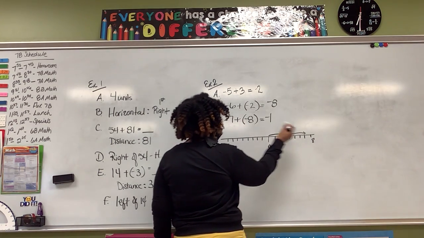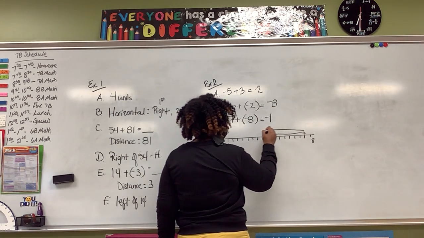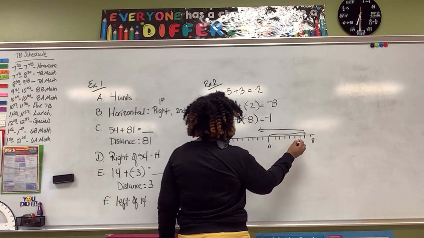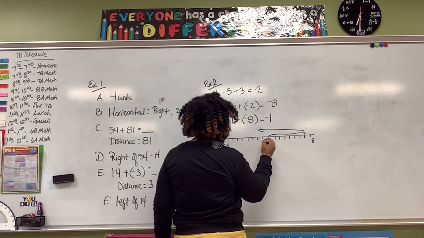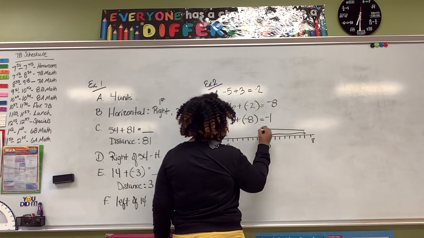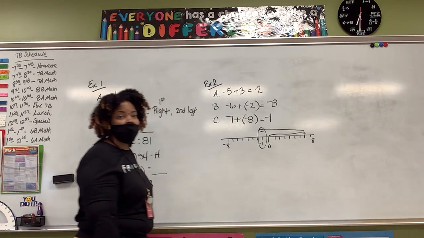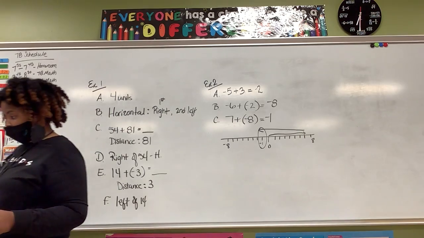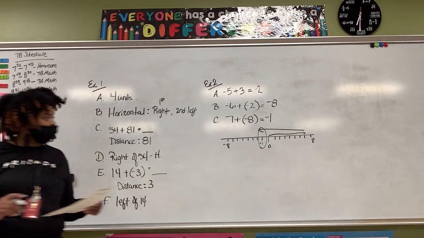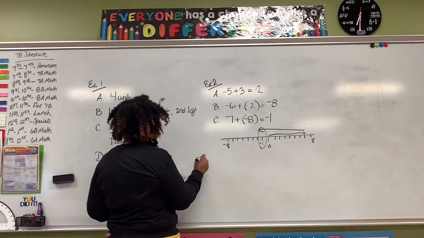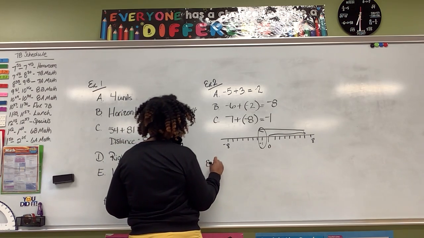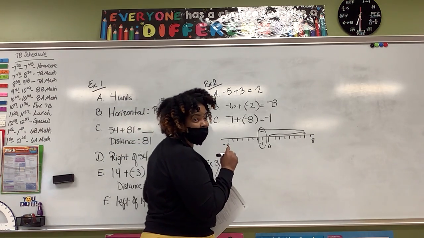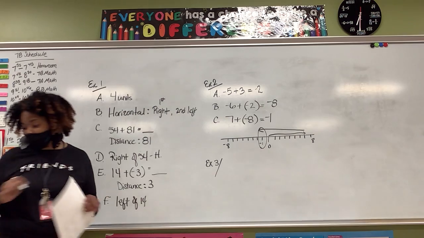But then it says go back 8, which is 1, 2, 3, 4, 5, 6, 7, 8. And it lands me at a negative 1. Okay? So use the number line to help you. Alright, so let's look at example 3 and do that with all of them. Okay? That number line is your friend.